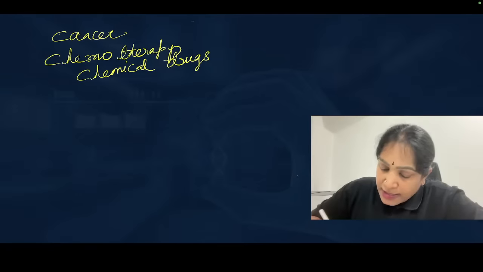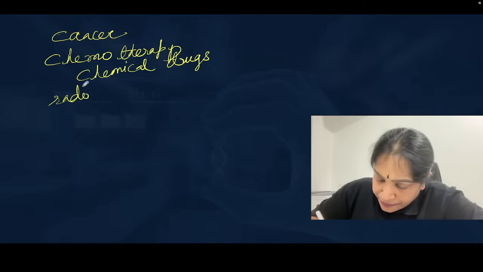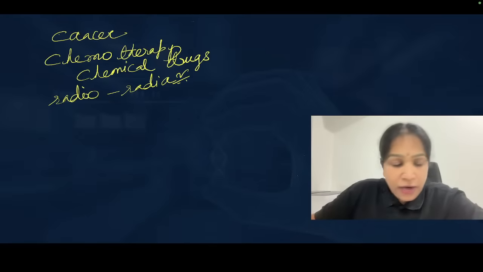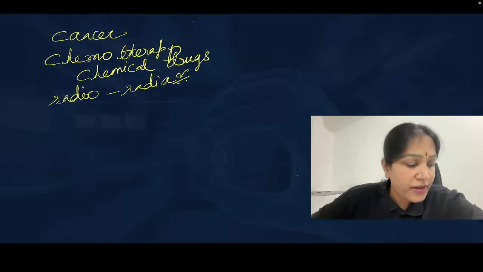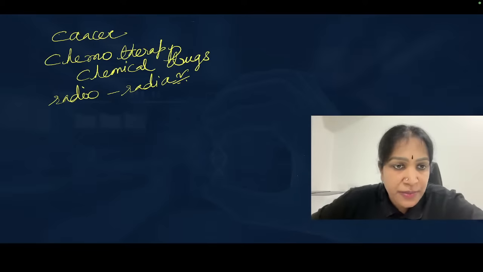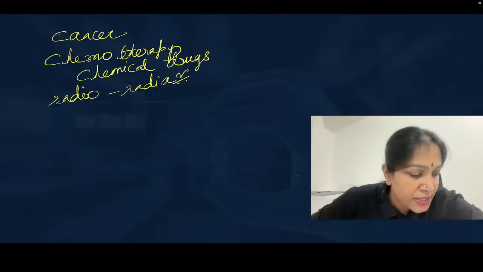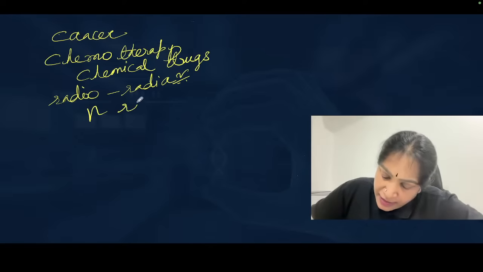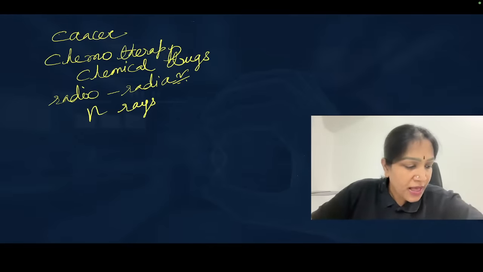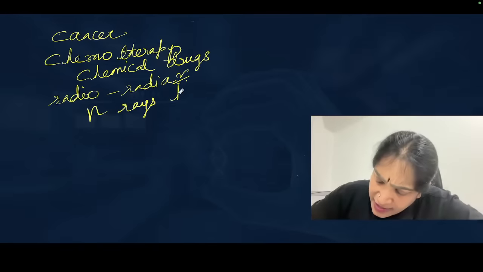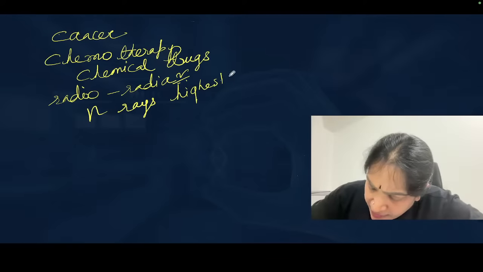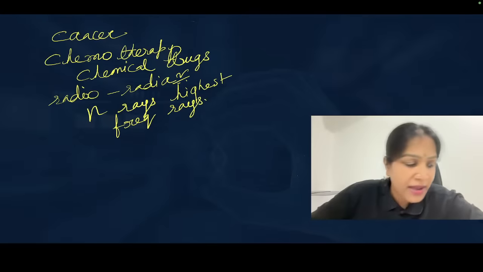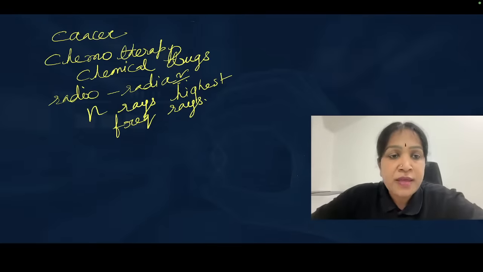Right. Second one, radiotherapy. In this we use radiation. Can you tell me what rays are used? UV rays, X-rays, light rays, visible light, IR. Which radiation? We use gamma rays. These are the highest frequency radiations in the electromagnetic spectrum. Is it clear?